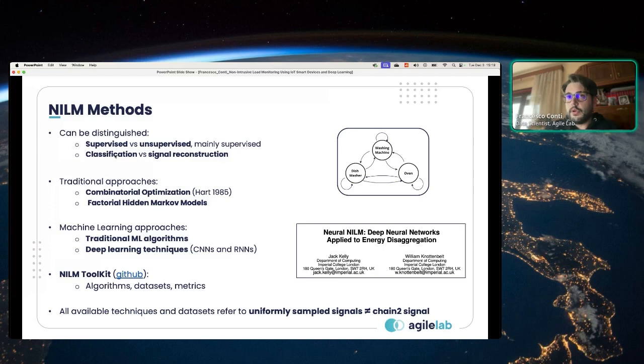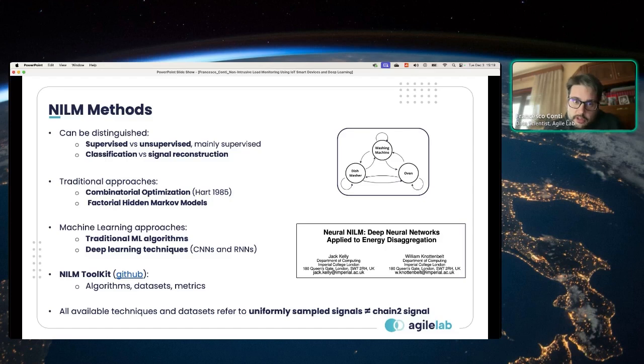Indeed, in the classification problem, we want to classify on and off states of appliances. So basically, we have multi-label classification for each timestamp of interest. While in signal reconstruction, we want to extract the signal. So basically, we want to isolate the signal of each appliance.